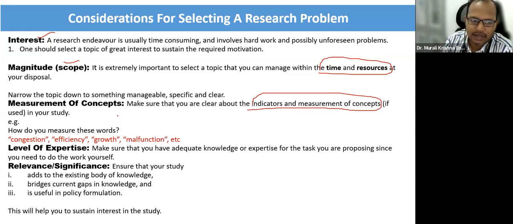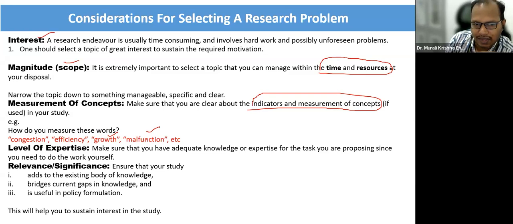How do you do this measurement? You can say efficiency, for example when you are building a program or algorithm, I will look at efficiency. Can I have growth? Can I look at any errors or malfunctioning? These are some of the measures when you choose a topic.